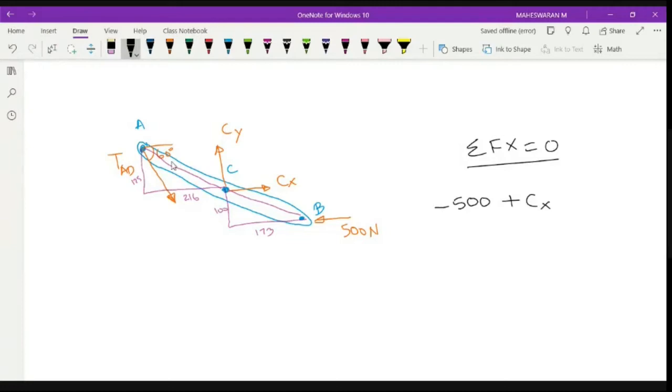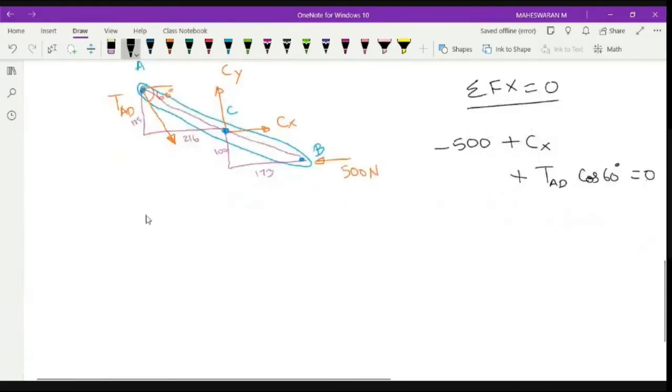And this TAD, when I resolve it and bring it to horizontal, it is positive and the angle is decreasing, so it will be cos. So I can write plus TAD cos 60 degrees. Any other horizontal force? That's it. So these are my horizontal forces. I will equate it to 0.